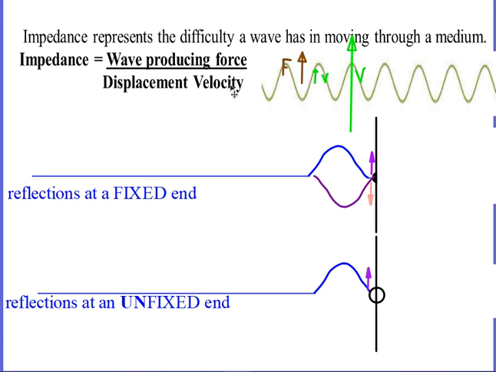You effectively get near infinite displacement velocity from that restoring force, so we're entering a medium of no impedance. Here you're entering one of infinite impedance. You enter a medium of no impedance, and this time the reflection would be upright. It picks it up and puts it back down, and the reflection is in phase or upright.